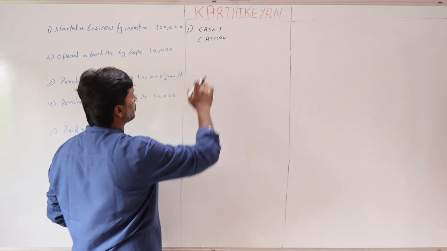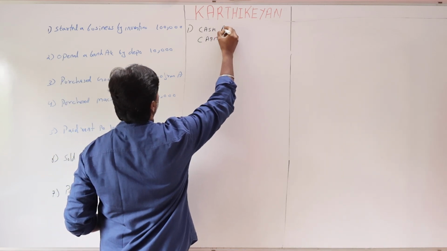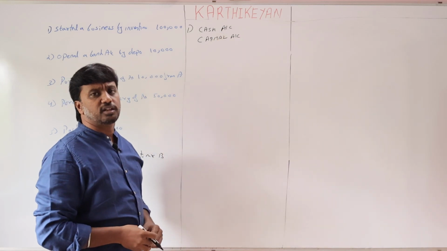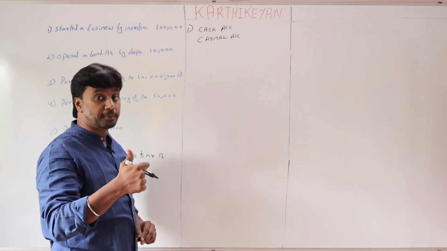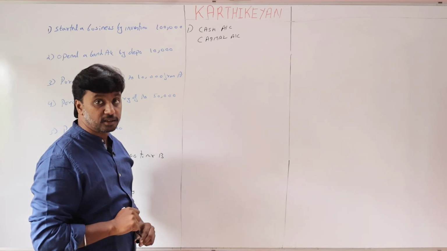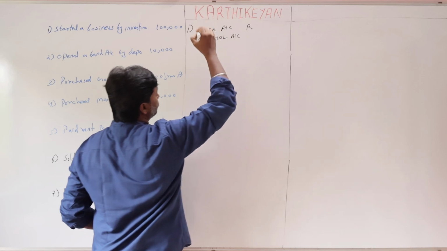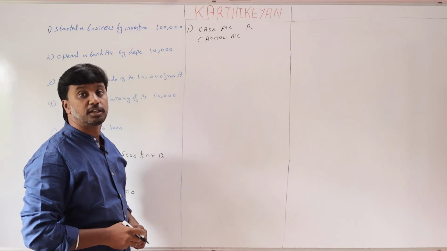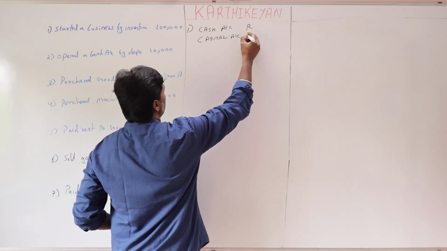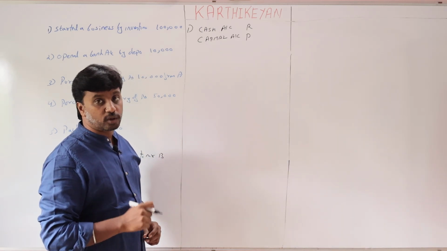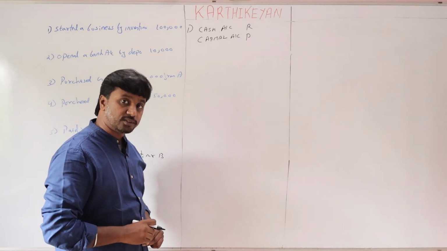Now cash account, let me just write the word account. Cash account. We studied the three types of account: personal, real, nominal. Cash is what type of account? Real. Capital? Personal. Okay, fine. Now the rule of real account: debit what comes in, credit what goes out.